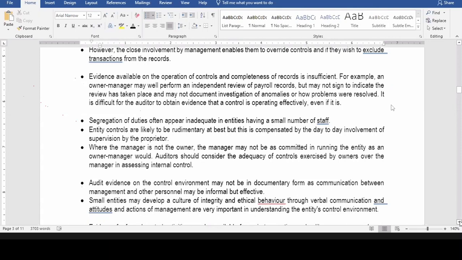And also, audit evidence of the control environment may not be in documented form. We don't have much. When you go to a small shop and ask them, can you give us an organization chart, they will even say, what do you mean?